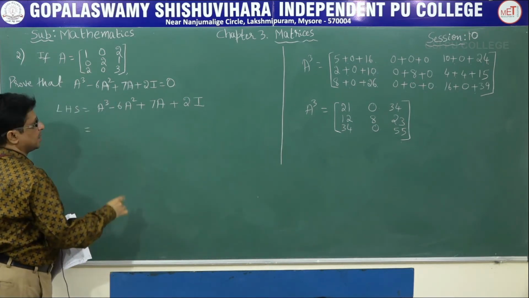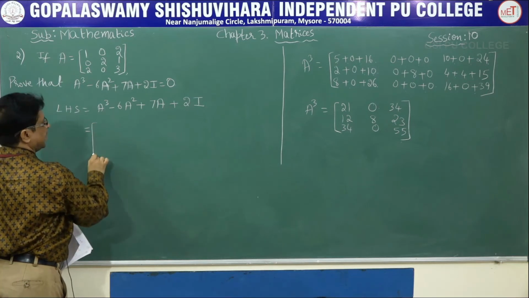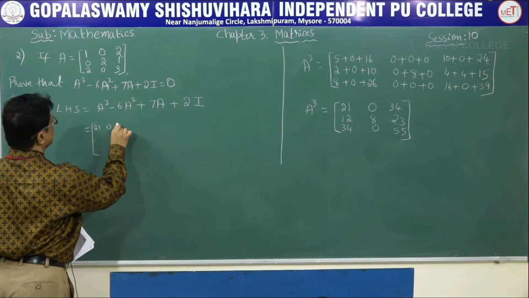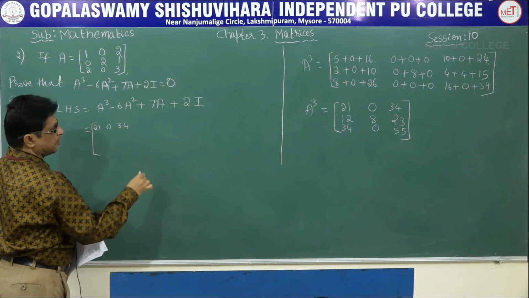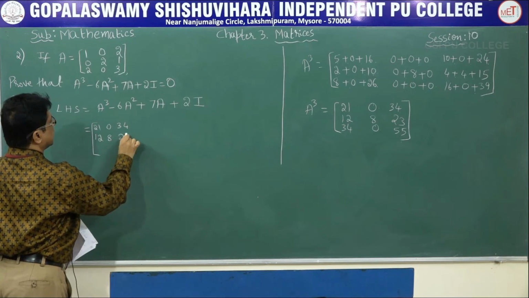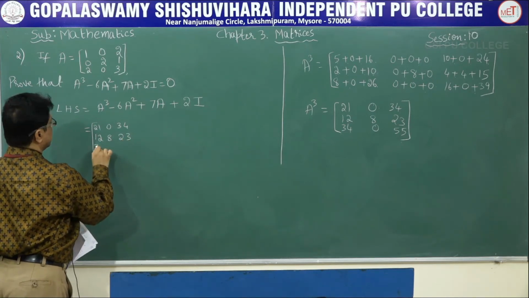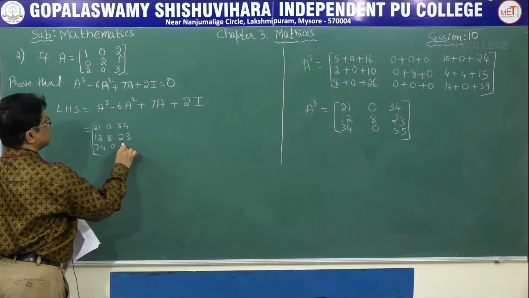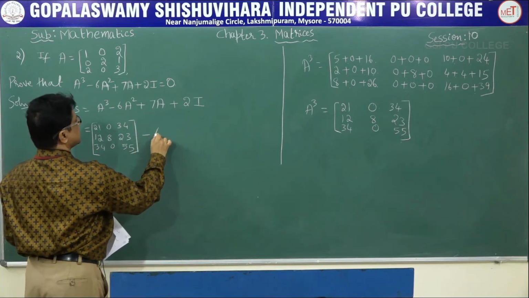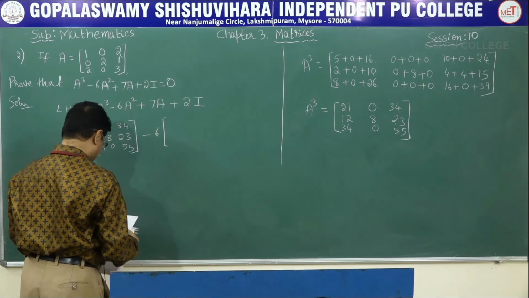So A cube will be 21, 0, 34, 12, 8, 23, 34, 0, 55, minus 6 times A square.